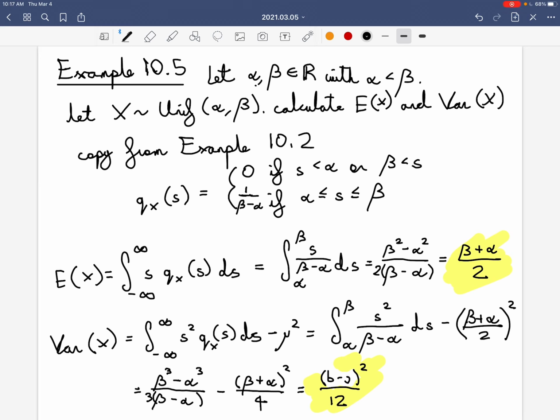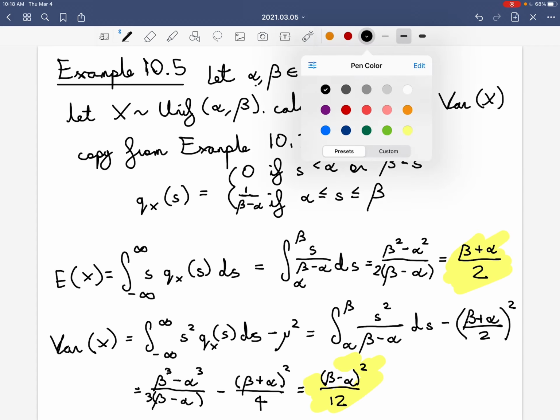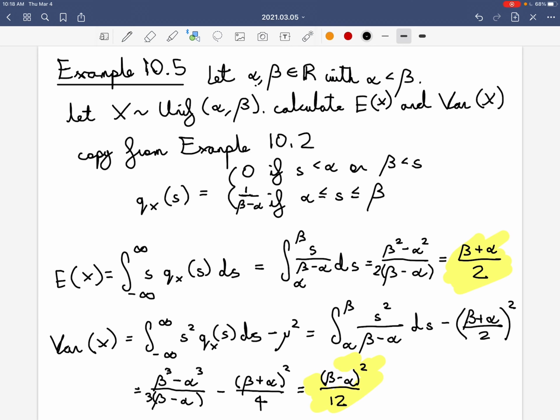In particular, if you set beta equal to 1 and you set alpha equal to 0 in order to calculate the expectation and variance of the standard uniform random variable, what you can see is that the expectation of the standard uniform is a half.